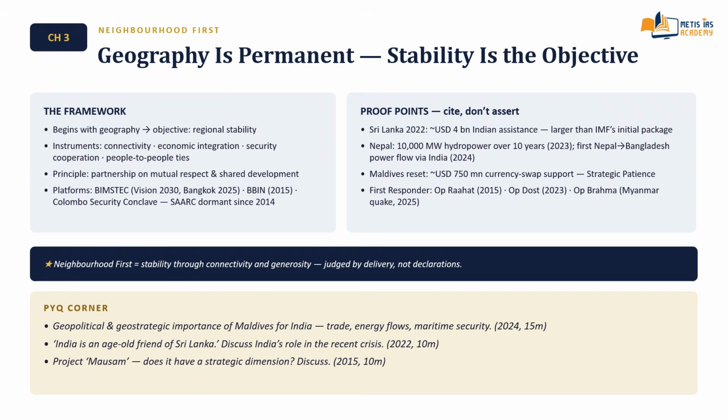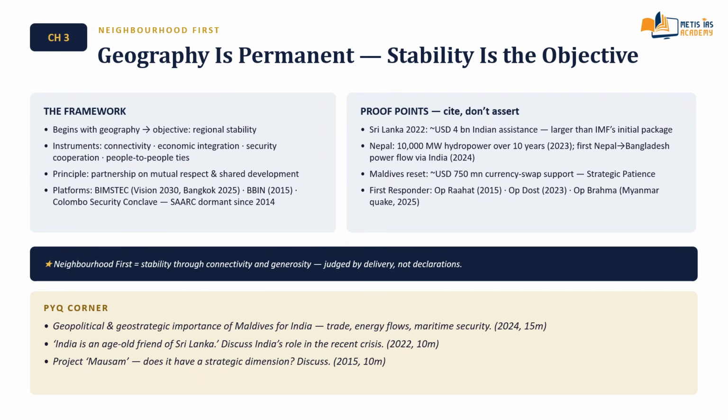The first one is national security: protecting sovereignty, territorial integrity, and internal stability. The second one is economic development: expanding trade, attracting investment, improving technology access, and creating employment opportunities.